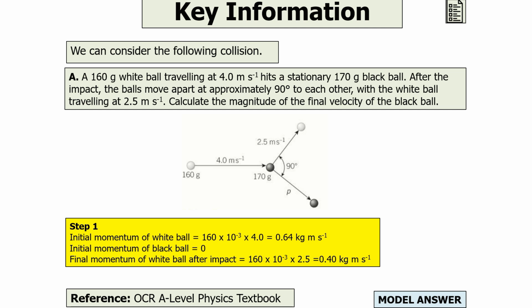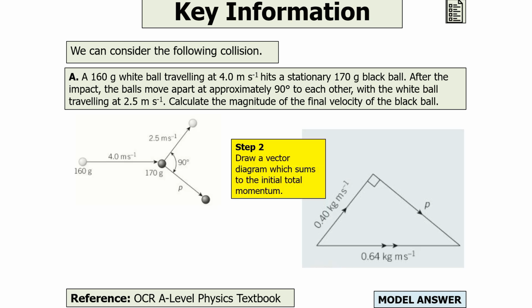Now the final momentum of the white ball after the impact is 160 times 10 to the minus 3 times its new velocity, which is 2.5, which is 0.40 kilogram meters per second. We can then use this information to draw a vector diagram which sums those two values, the 0.40 kilogram meters per second and 0.64 kilogram meters per second.